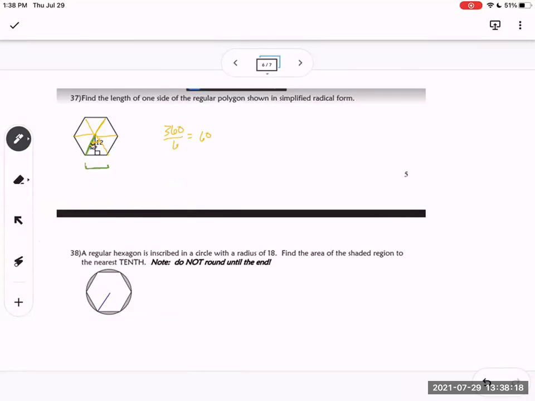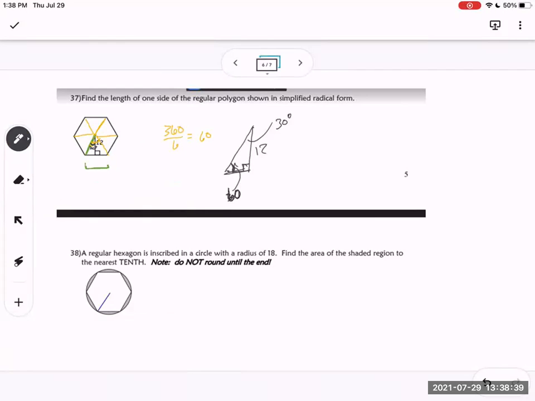Let me zoom in on that. This is 12. This is 30 degrees. You follow how I came up with that? And since that's 30, this one down here has to be 60. Hey, this is a 30, 60, 90 triangle.